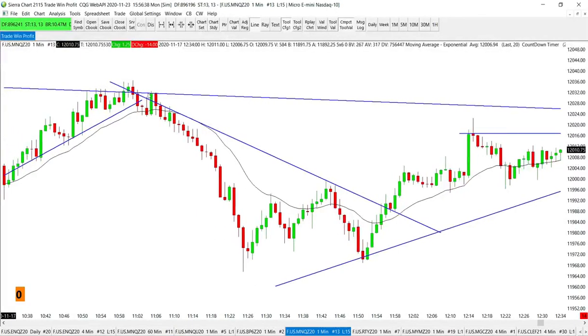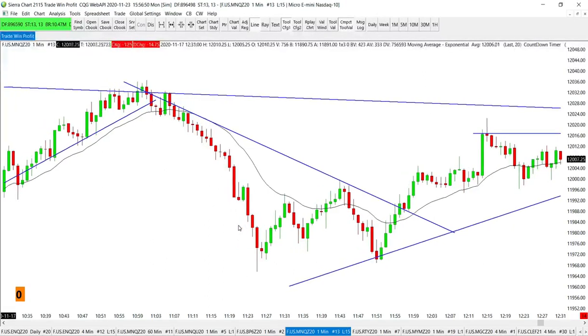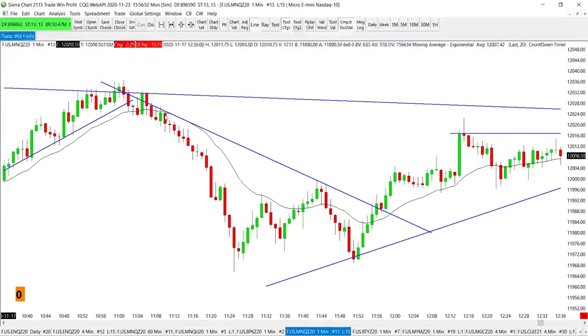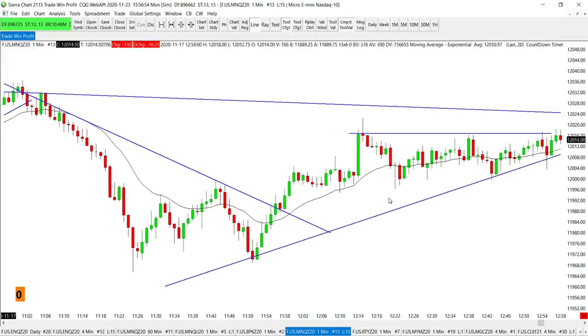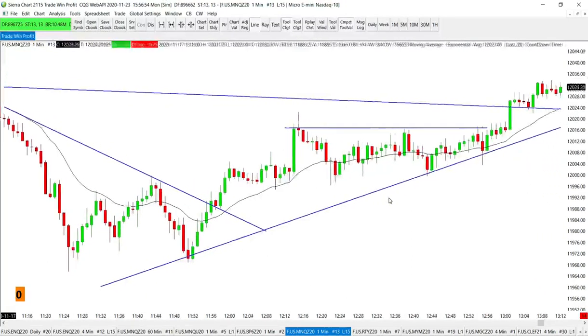So here was the break right here, guys, and notice how price basically went straight down, and that's exactly what I'm talking about. If price goes straight down like this, sometimes it's just very hard to get a trade. But notice how with this trend line break, we have a nice little stair step pattern, a wave pattern.